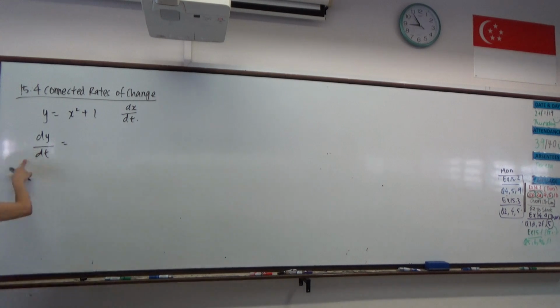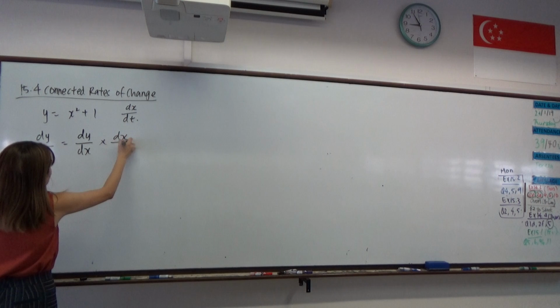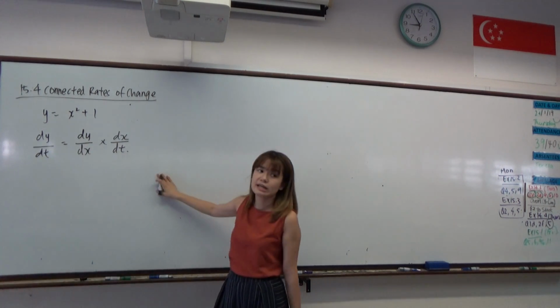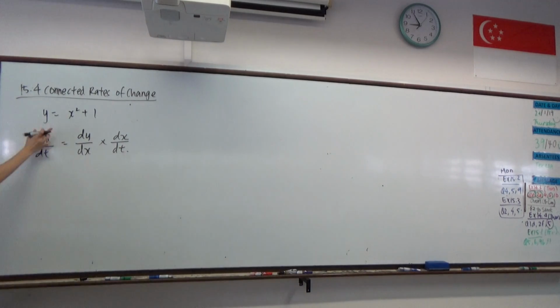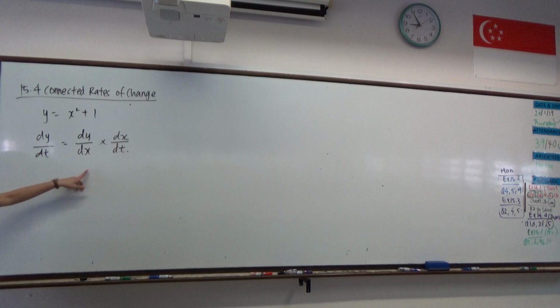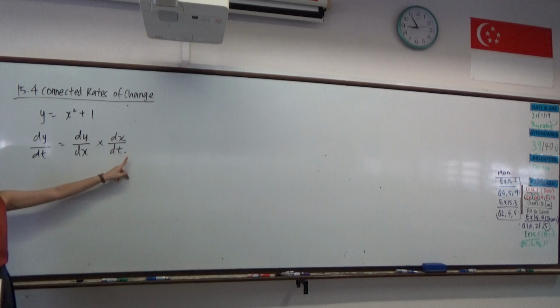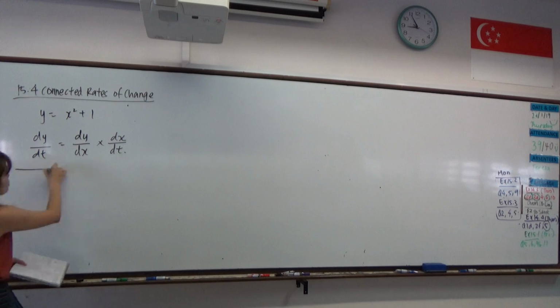So in order for us to find out what is dy over dt, we will apply this process to find out the rate of my tree growing, by finding the derivative of the function, and also given the rate of pouring the water. Alright, so we will look first at try it.